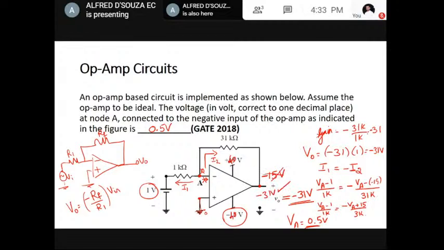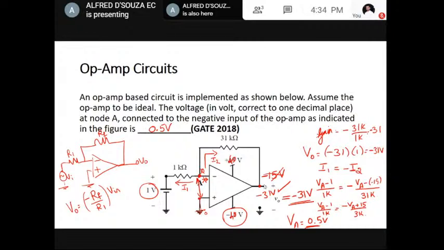In that case, the virtual short property also holds good, so voltage at node A would have been 0. But here, the virtual short property doesn't hold good because the output is exceeding the saturation limits. So you'll have to apply KCL to find out the value at node A.